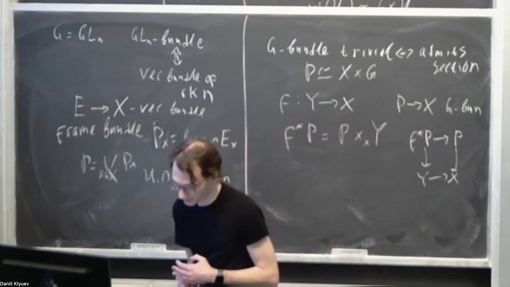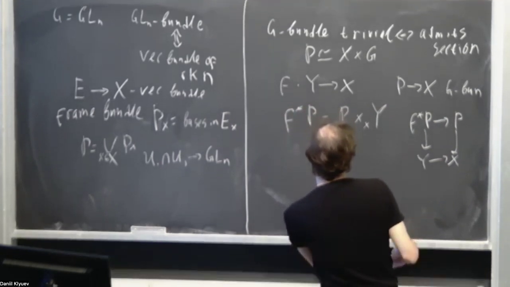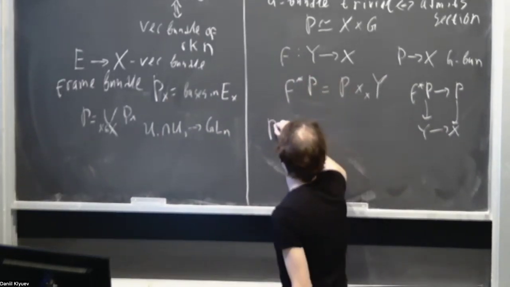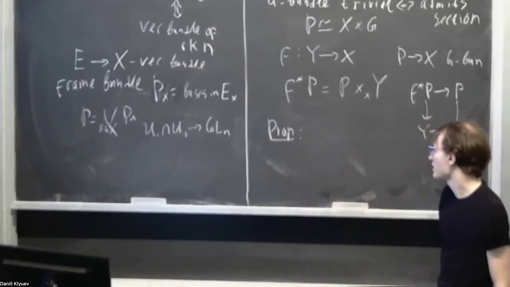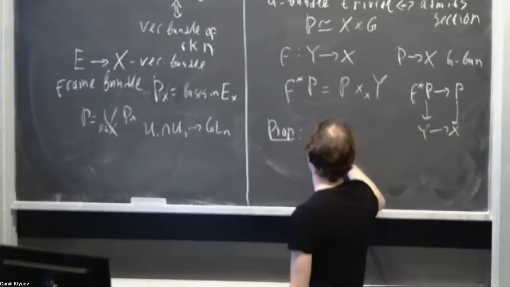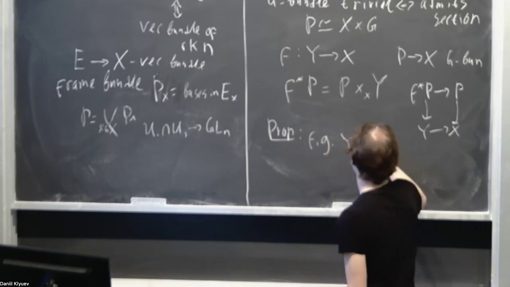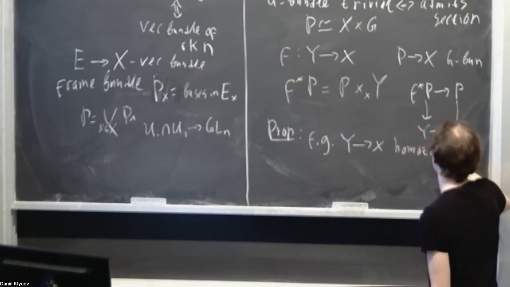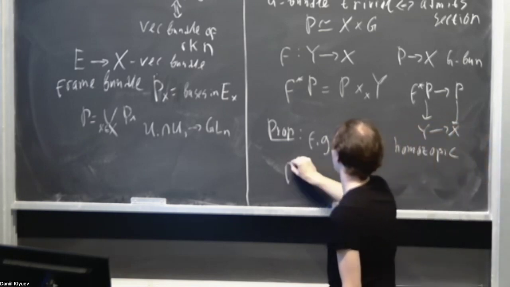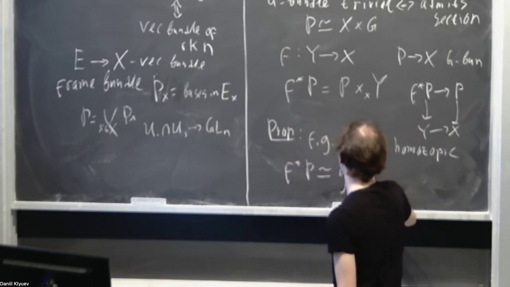And we will need the following proposition that I will not prove, which is relatively standard, and where we actually use that our spaces are nice: if f, g from Y to X are homotopic, then the pullbacks are isomorphic.